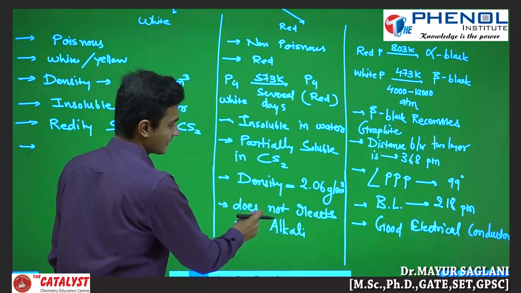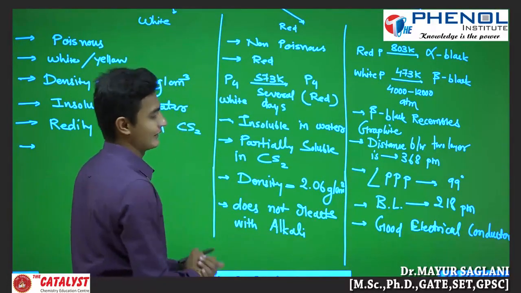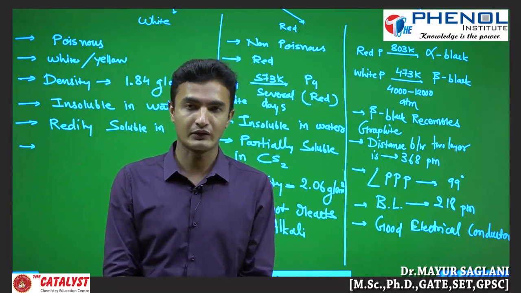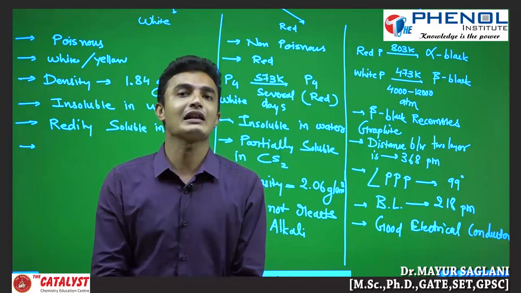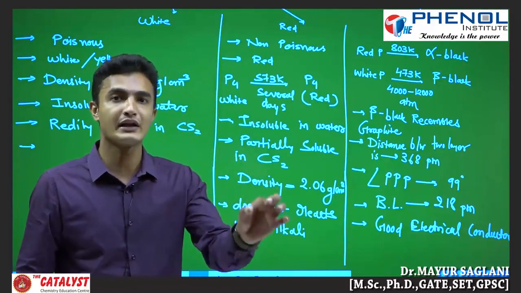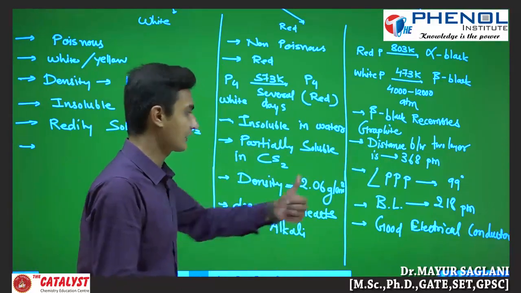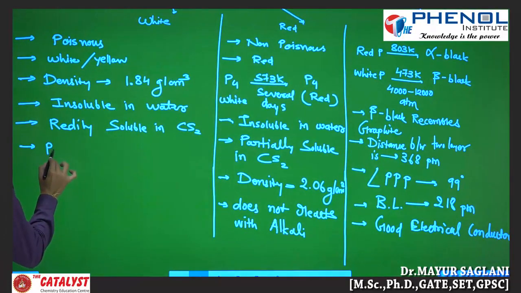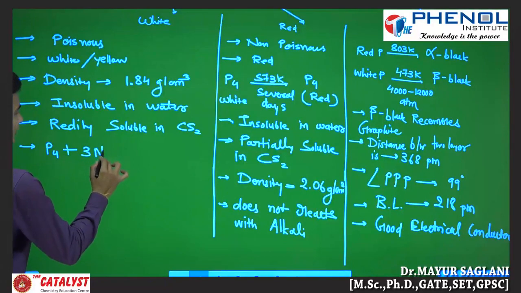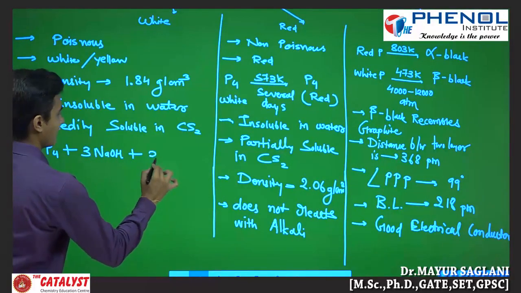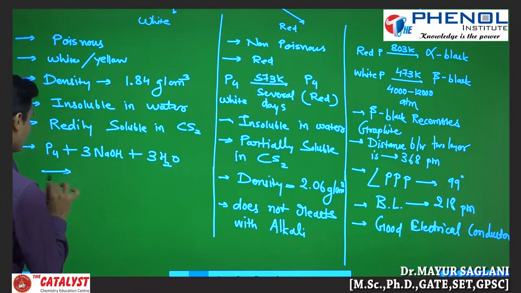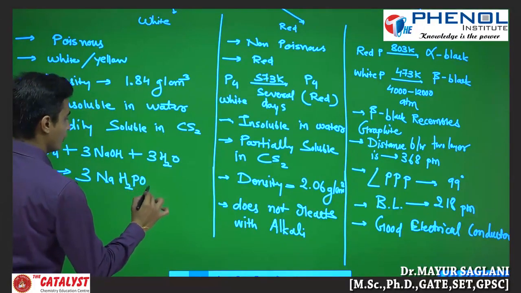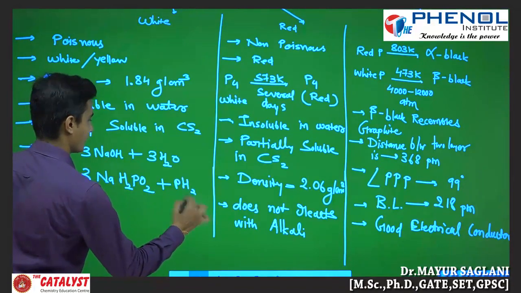But one more property: you see, red phosphorus does not react with the alkali. If you want to separate red phosphorus and white phosphorus, then you have to react it with the alkali. Fine, white phosphorus will react with the alkali and red phosphorus will not. So white phosphorus with alkali, you see P4 plus 3 NaOH plus 3 moles of H2O forms 3 NaH2PO2 plus PH3.